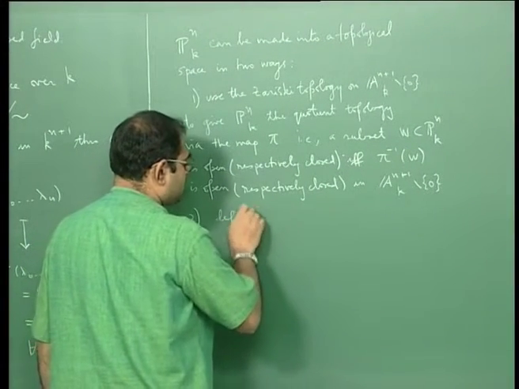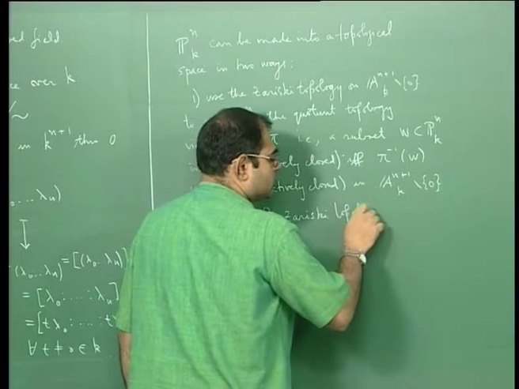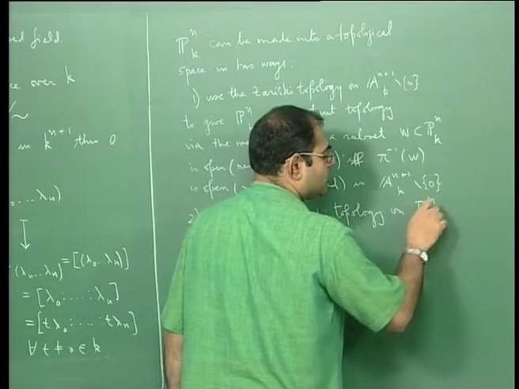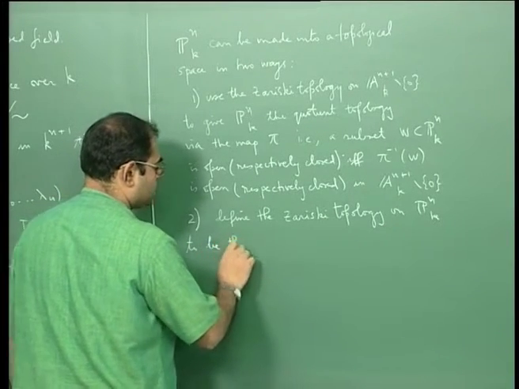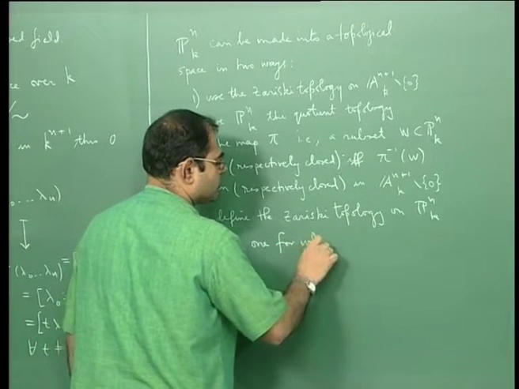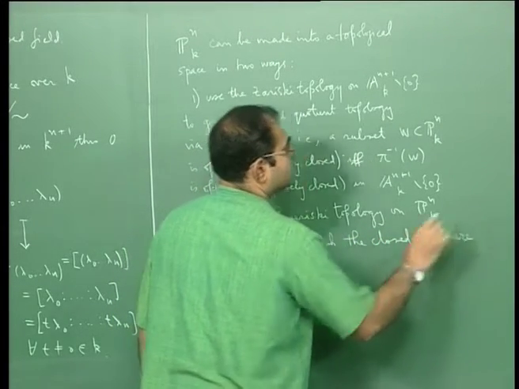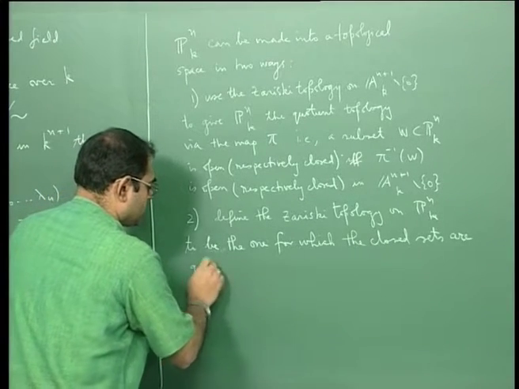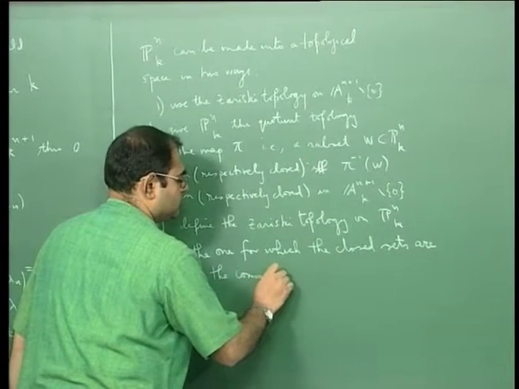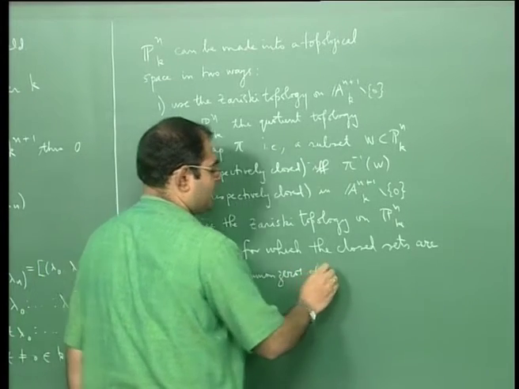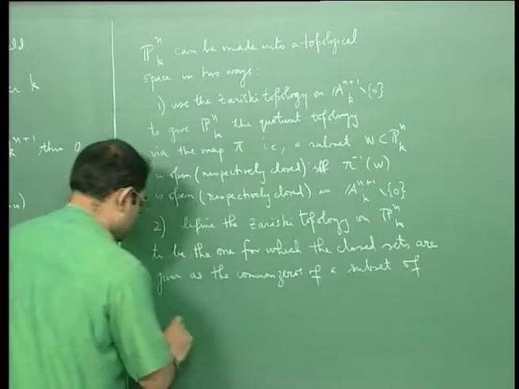Define the Zariski topology on Pn to be the one for which the closed sets are given as the common zeros of a collection, a subset, of homogeneous polynomials.